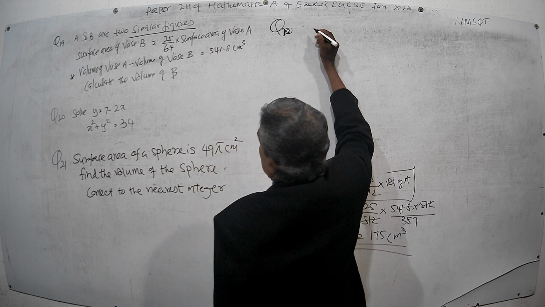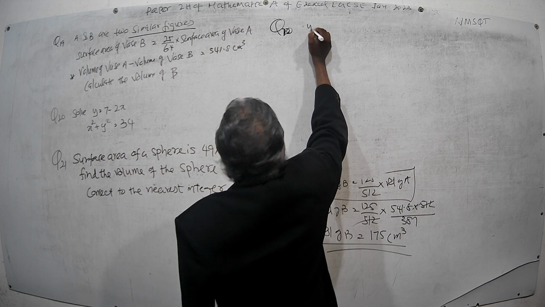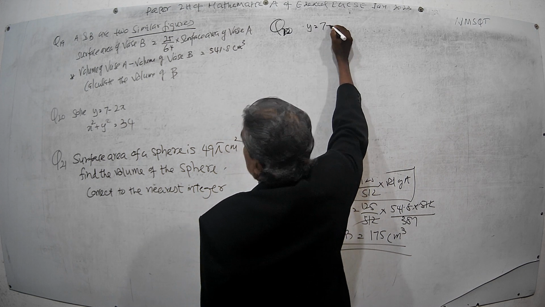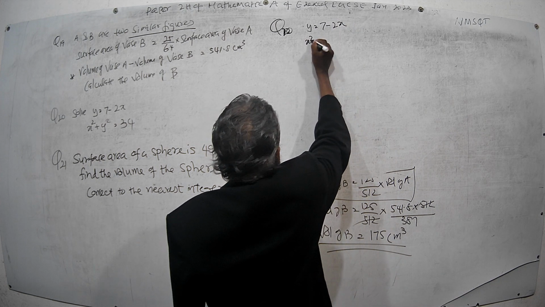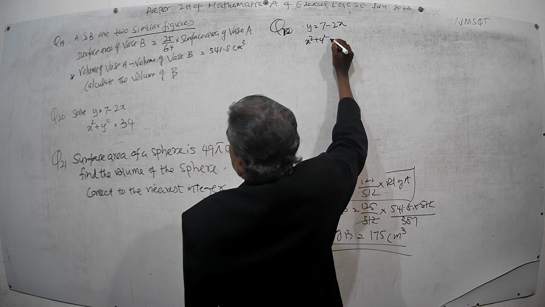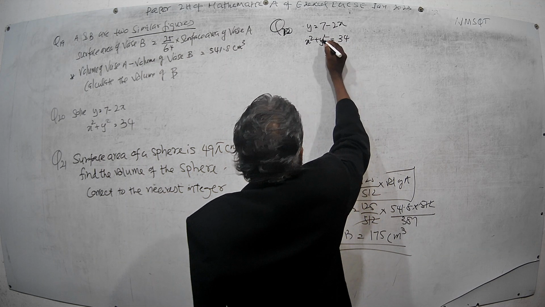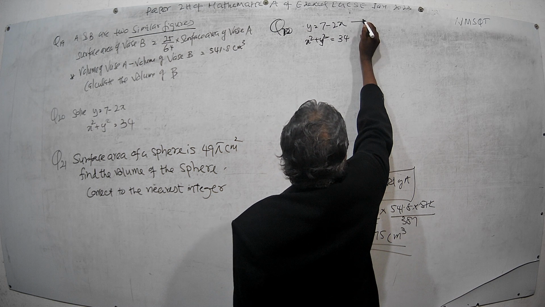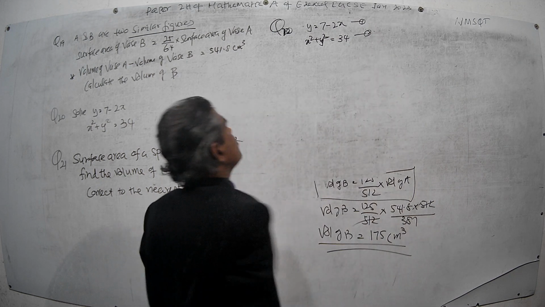They have given two equations. They ask you to solve. y equals 7 minus 2x, and x squared plus y squared equals 34. Because these are quadratic simultaneous equations, you take this as a linear equation and this as a quadratic equation, right?